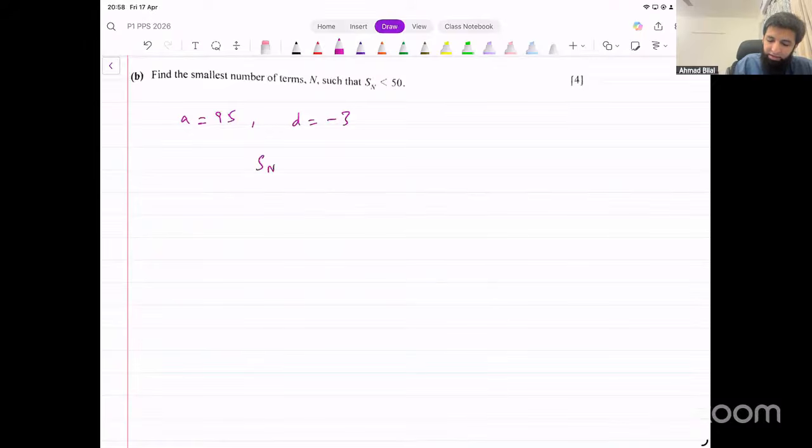They're saying Sn is less than 50. What's the sum of the first n terms formula? We already have that, right? Half n into 2 times a, which is 95, plus n minus 1 times the difference, which is -3. That is less than 50.